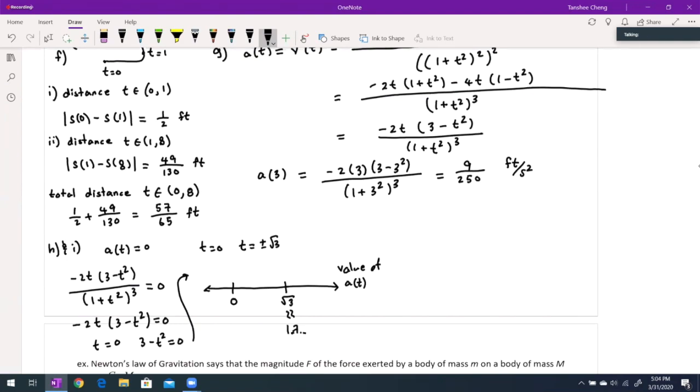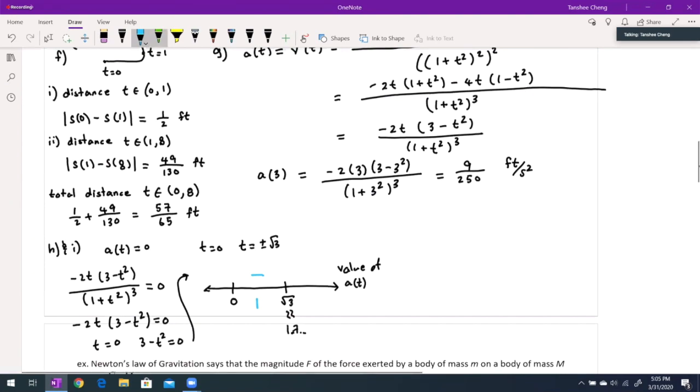So when I pick the number, I'm going to pick 1 for the first interval. When I substitute into the acceleration function, the first factor is negative, the second factor is positive, and the denominator is positive. So negative divided by positive will be a negative value.